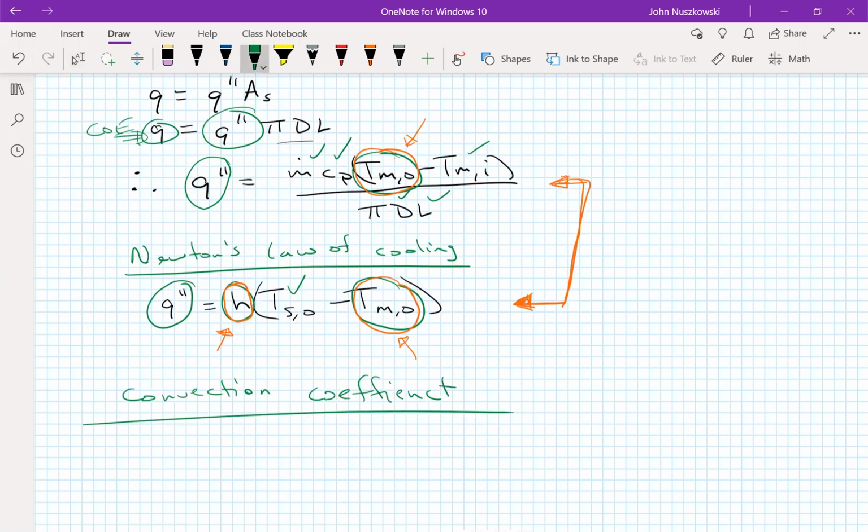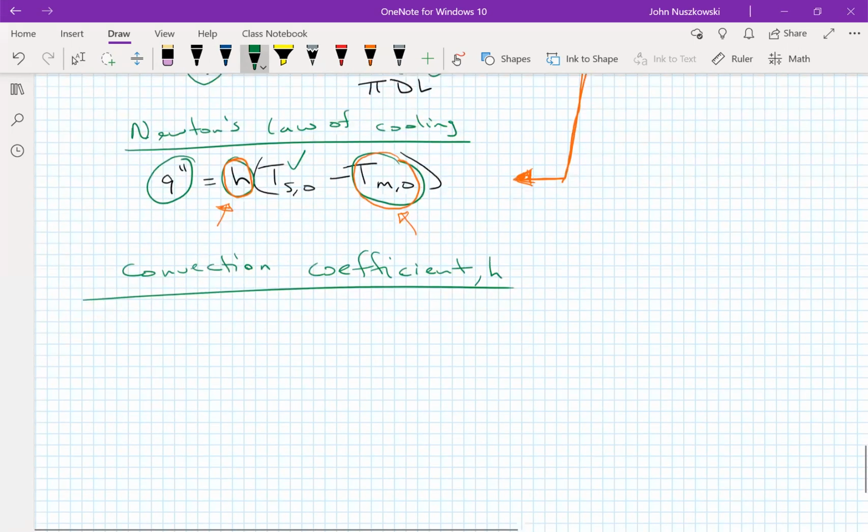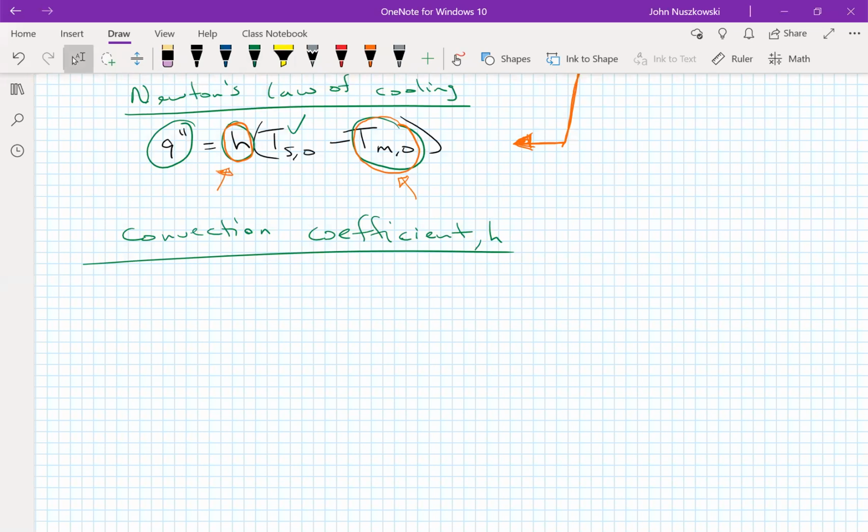All right, so convection coefficient. What do we need to determine to go in our book and get the right equation for the convection coefficient? Reynolds number. All right, okay, so we need to figure out Reynolds number, right?